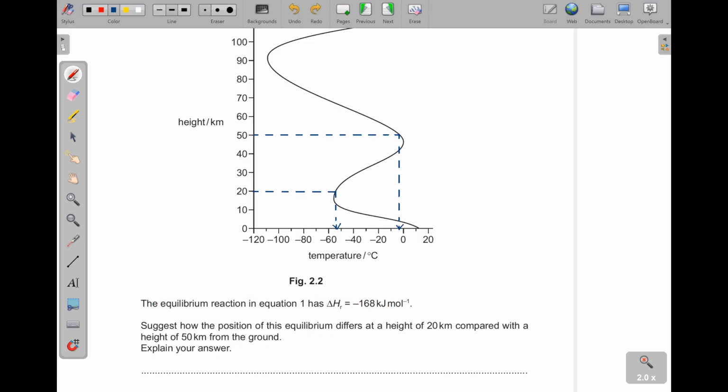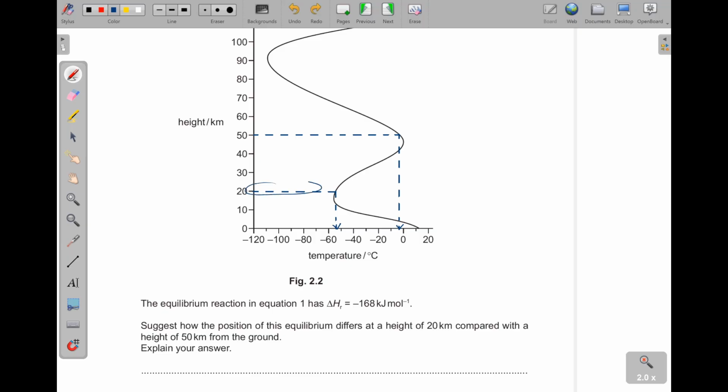So that means the forward reaction is exothermic, okay? Because this one is negative. So we say, suggest how the position of equilibrium differs at a height of 20 kilometers compared to the one of 50 kilometers above the ground. We shall see that the position of equilibrium actually shifts to the right because the forward reaction is exothermic.